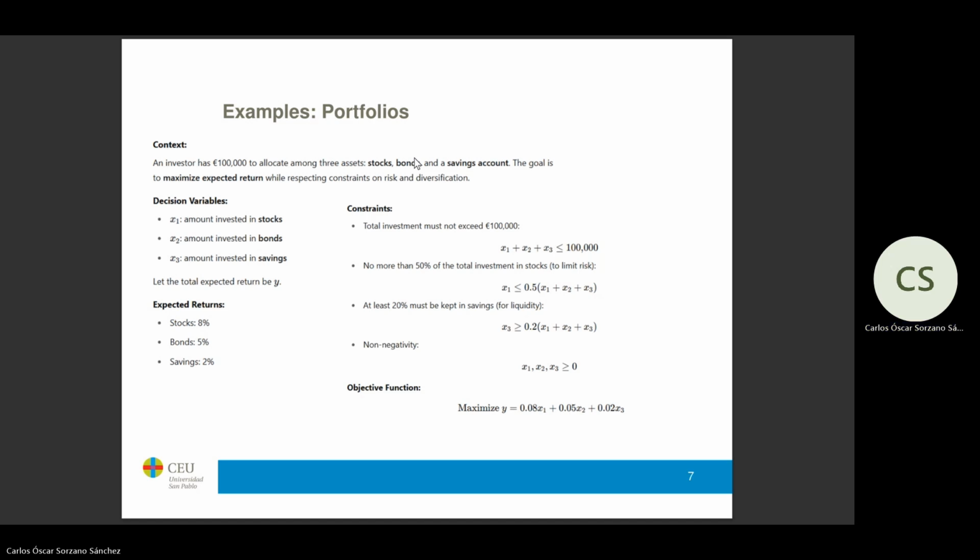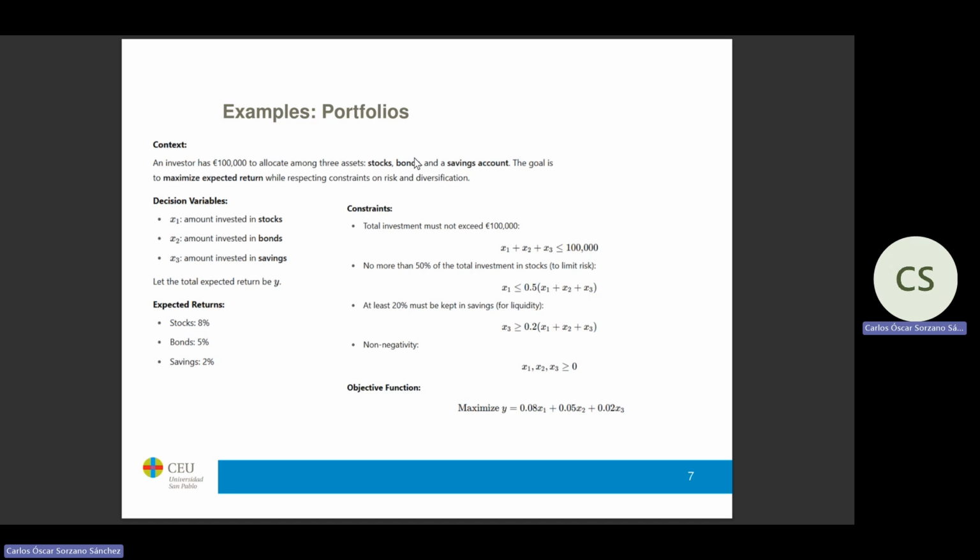And then the constraints. So in total, we have 100,000. So the sum of the three has to be smaller than 100,000. Then there is another constraint. That is that you don't want to put more than 50% of the total investment in stocks, just to limit your risk. So X1 has to be smaller than 50% of the total investment.